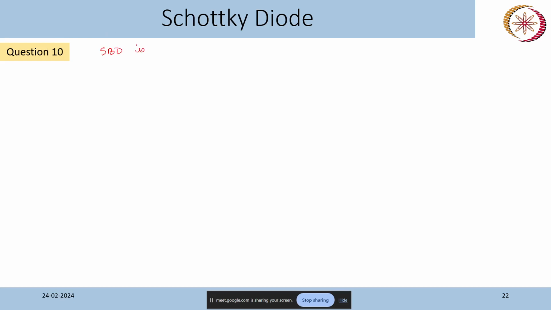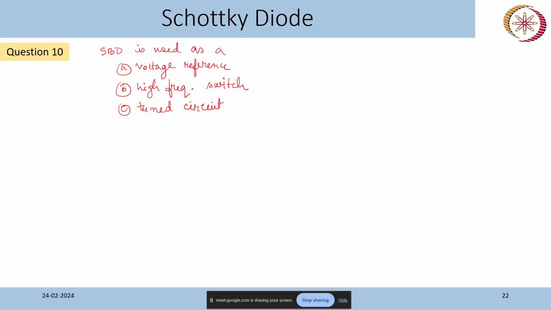Schottky barrier diode is used as a, the options are voltage reference, high frequency switch, tune circuits, current control attenuator.